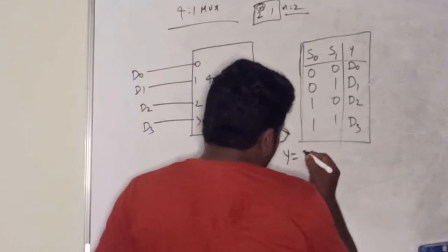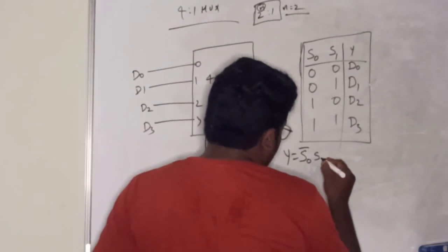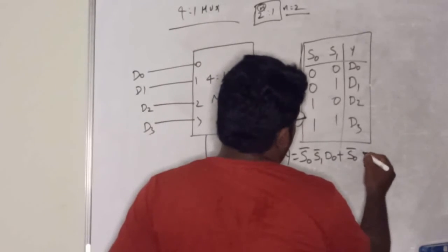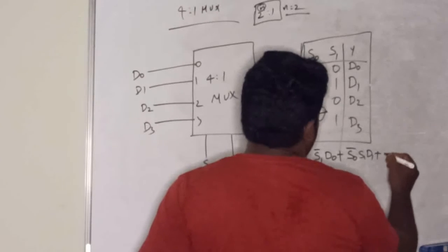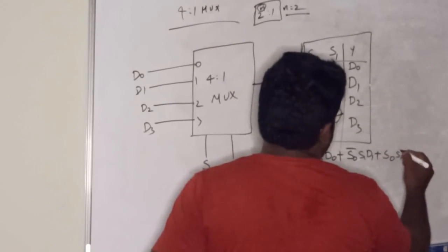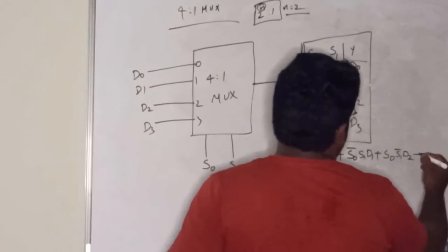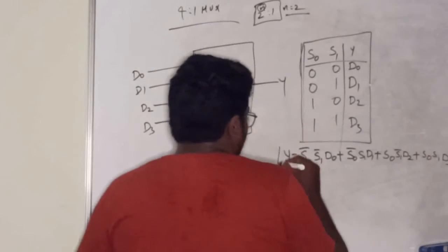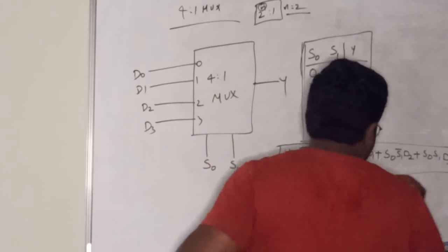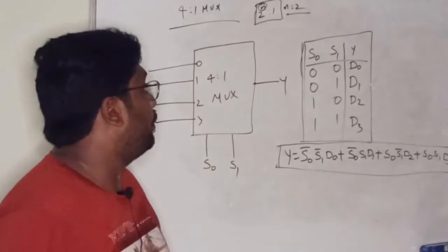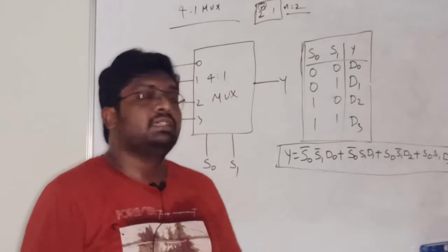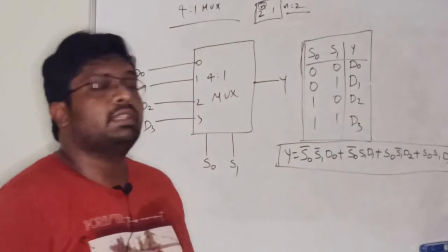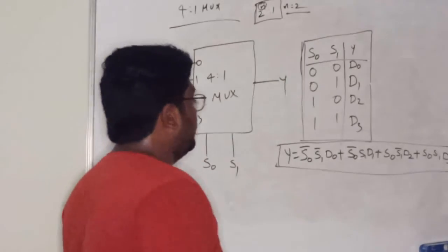So Y is equal to S0 complement S1 complement into D0 plus S0 complement S1 into D1 plus S0 S1 complement into D2 plus S0 S1 into D3. This is the expression for the 4 by 1 mux. From this expression, now let us draw the combinational circuit using logic gates.